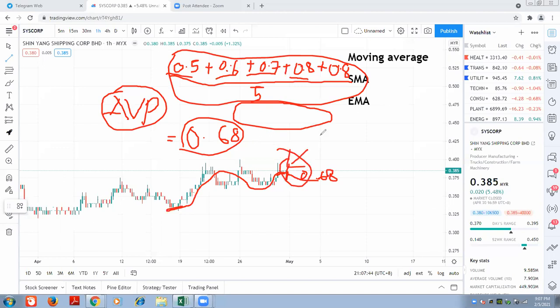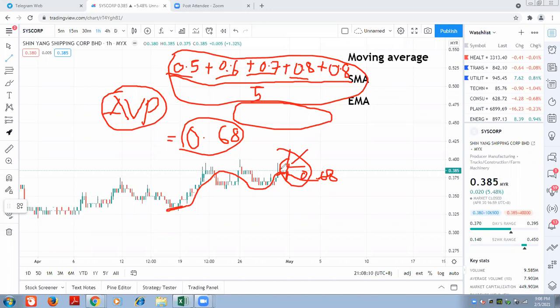So this is basically the understanding of a moving average. We know that when the price breaks out from the moving average area, it gives us a sign to be more focused on the price action. So far so good.